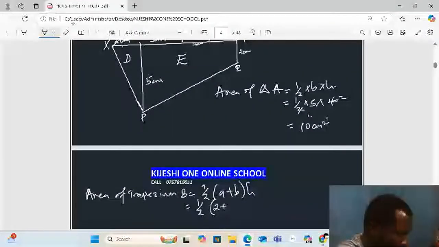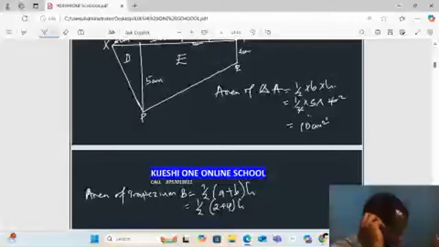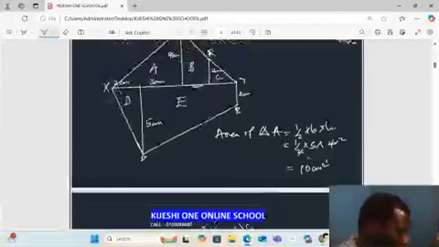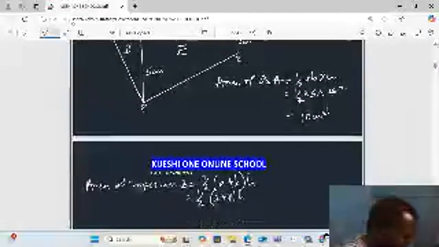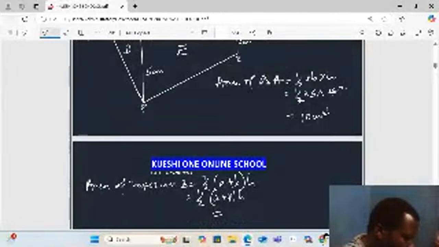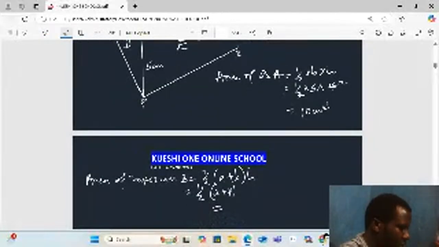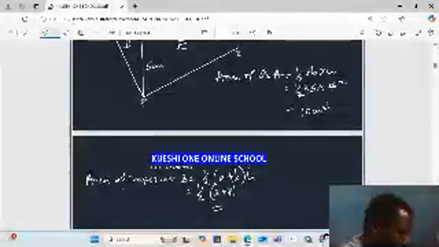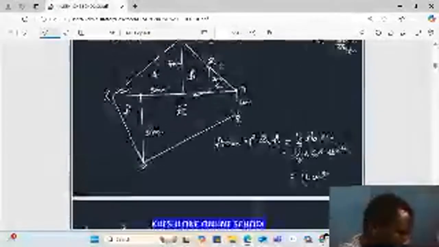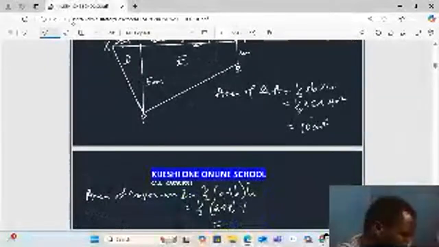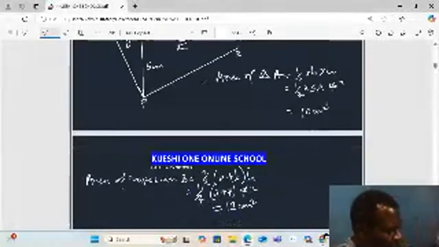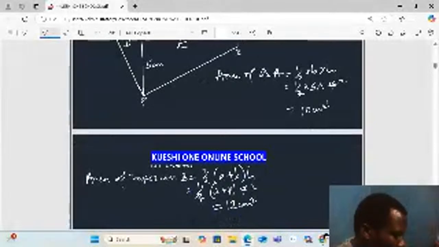So 2 plus 4, then the height is 2. Therefore, we shall have 12 square centimeters.